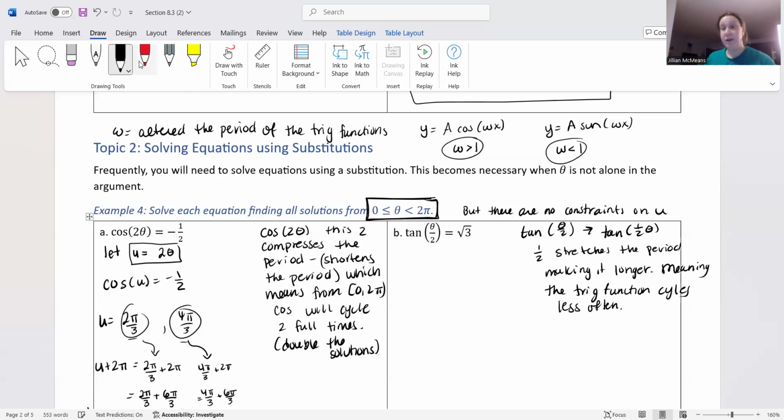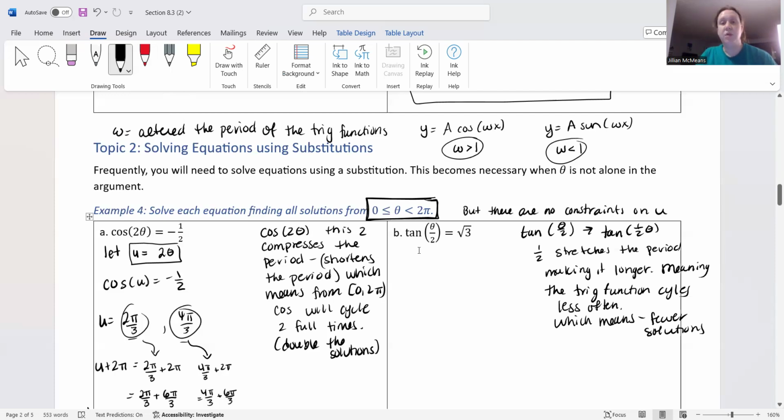Okay, so we're going to get fewer solutions. Now that we know from 0 to 2 pi, we're going to get two values of theta for each ratio that we're looking for.